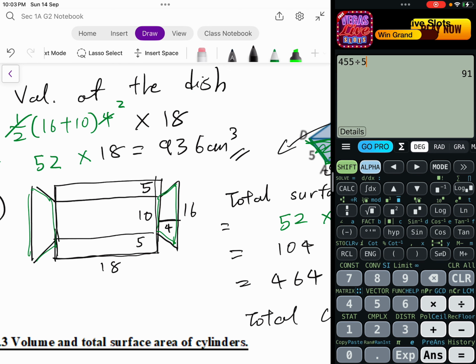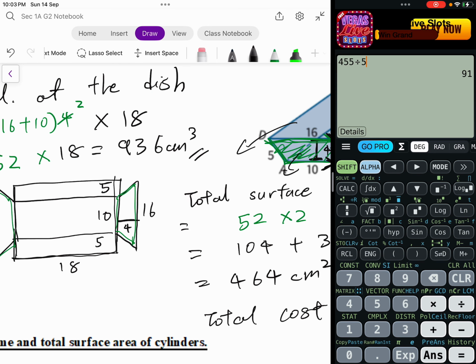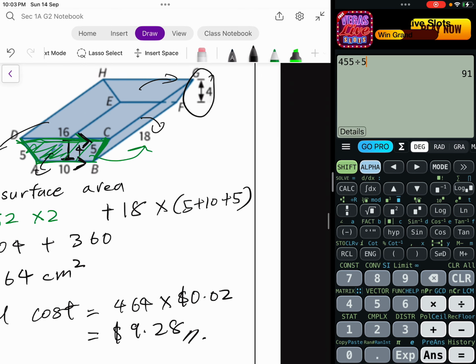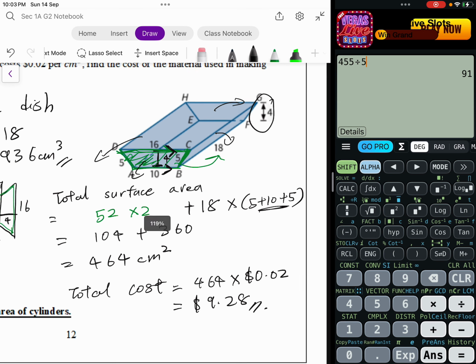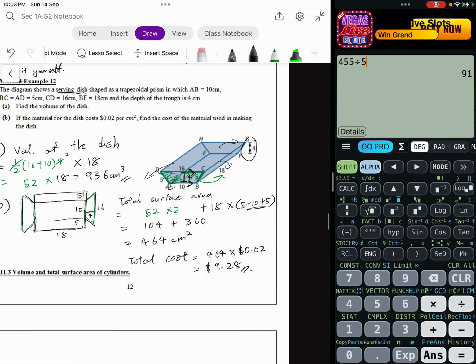So this long rectangle you can find by adding the length of the sides, 5 plus 10 plus 15 times 18, which I have done here. Then, because we already found the area of the trapezium in part A, I just times 2, add together.